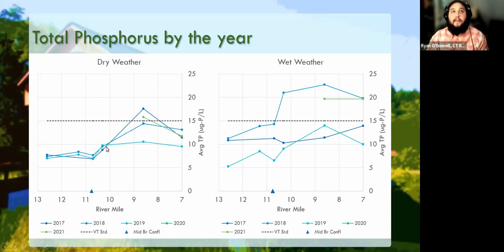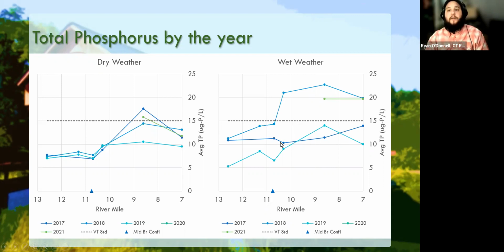And that is where the wastewater treatment facility is. The wastewater treatment facility is allowed to discharge phosphorus into the water. That's fine, but what tends to happen is it accumulates in the sediment right downstream of the facility, and then in a big rainstorm, that sediment gets picked up, and that's when the phosphorus moves downstream.